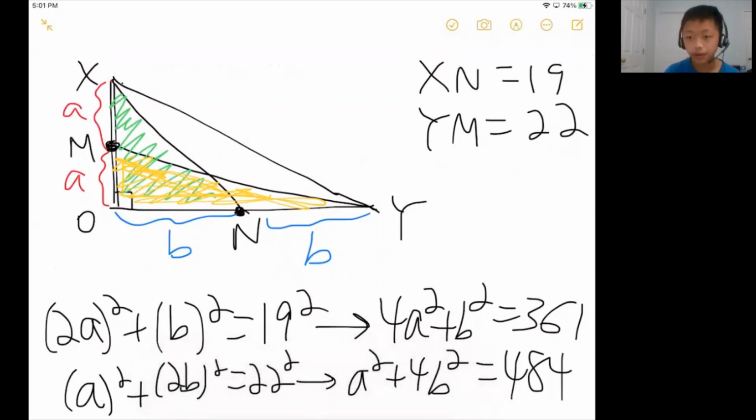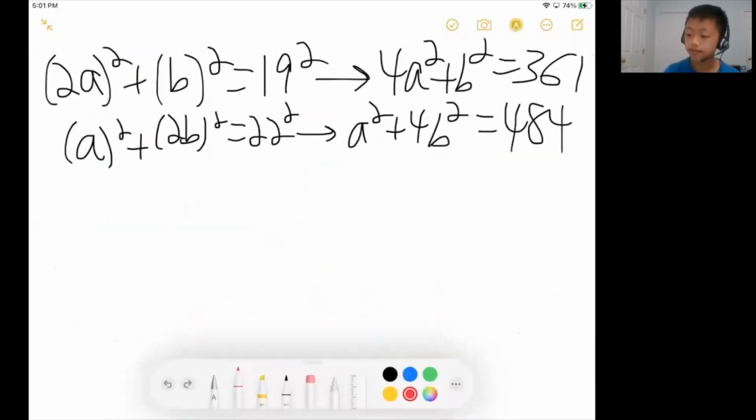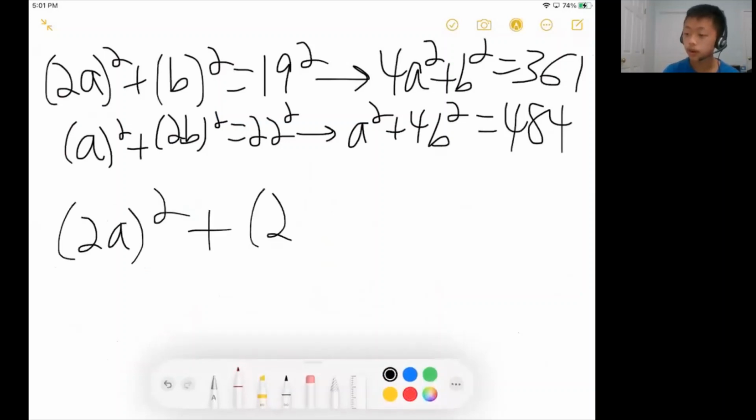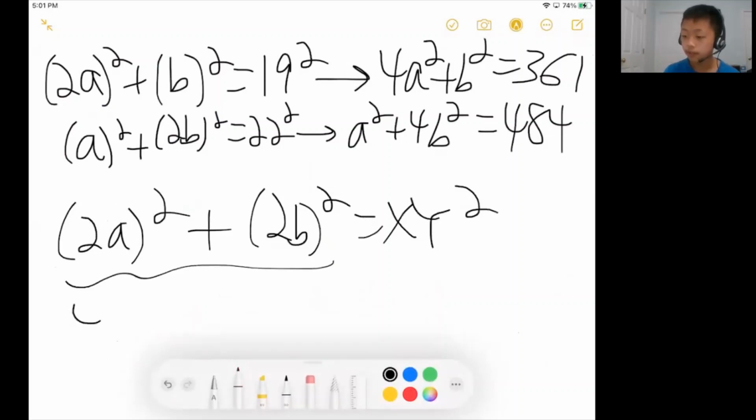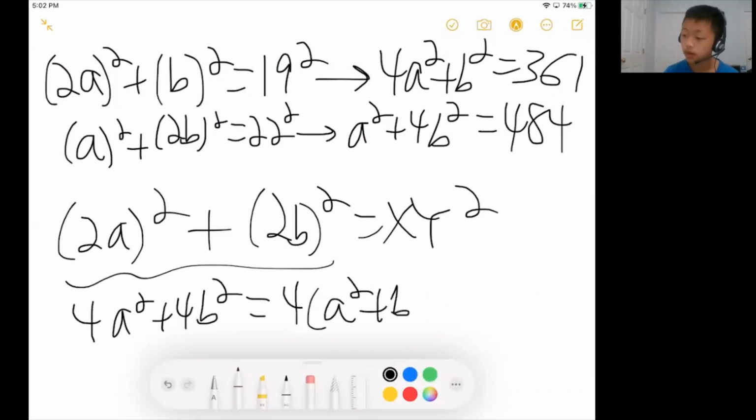XO is 2A, so 2A squared plus 2B squared has to equal XY squared. So this expression is 4A squared plus 4B squared, and you can factor out a 4 times A squared plus B squared. And that has to equal XY squared.